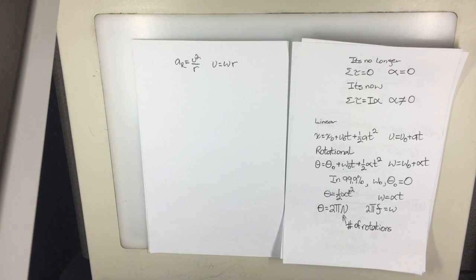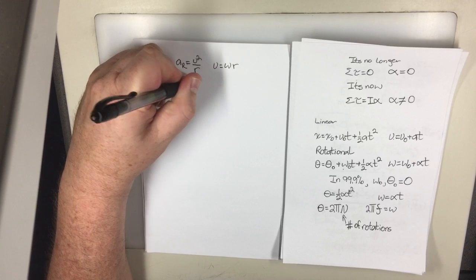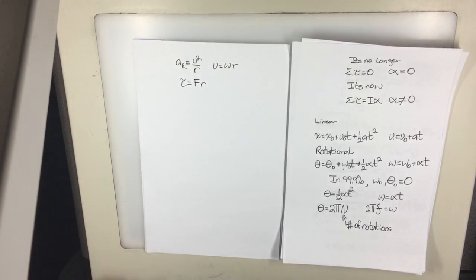Let's see, what else can I throw in there? Since we're dealing with torques, torque is equal to Fr. Now notice I did Fr, not rF. When you're dealing with magnitudes, I don't really care about the order. 3 times 2 is the same as 2 times 3. But A cross B, which is what we're not doing, is very much different from B cross A.